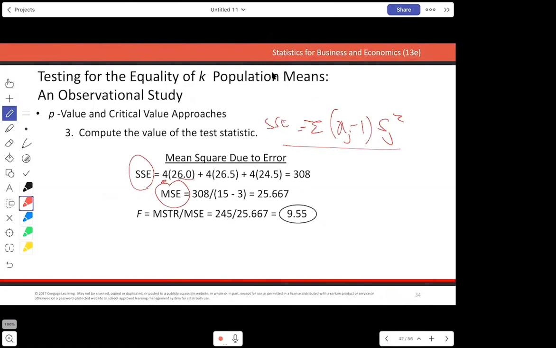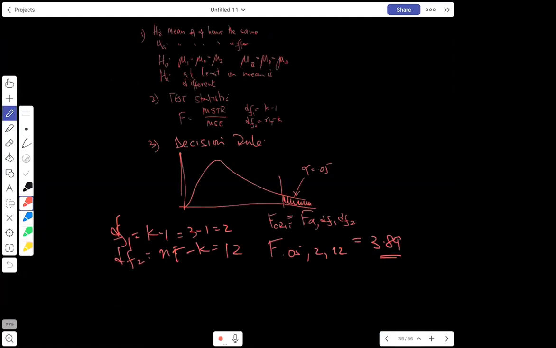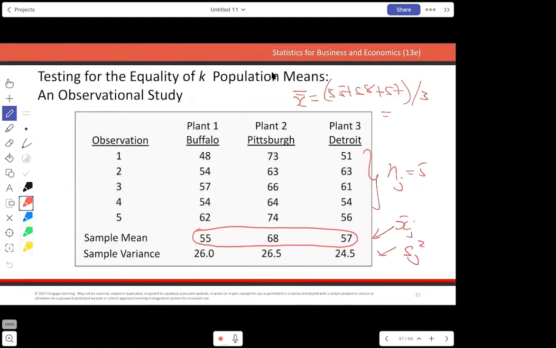That must have been squared already, the 26, 26.5 and 24.5. Let's make sure the values were actually squared properly. Oh yeah, we already calculated the sample variance, sj squared, so those are already sj squared, not s. So you see the 26, 26.5, 24.5.